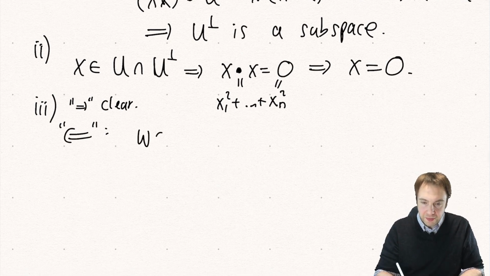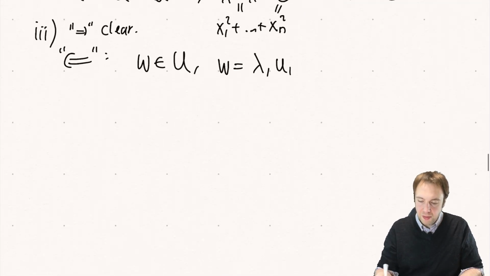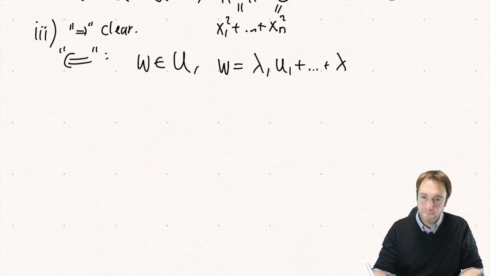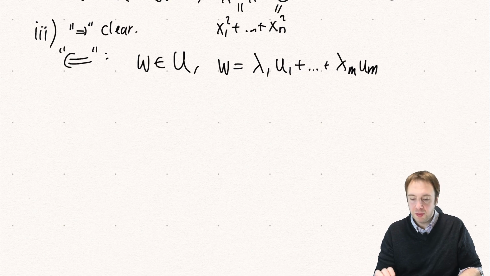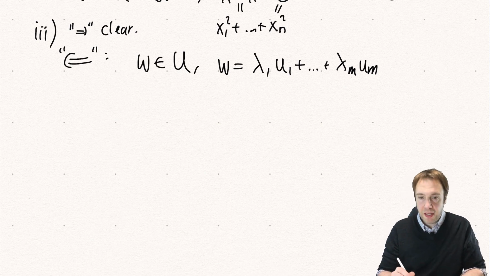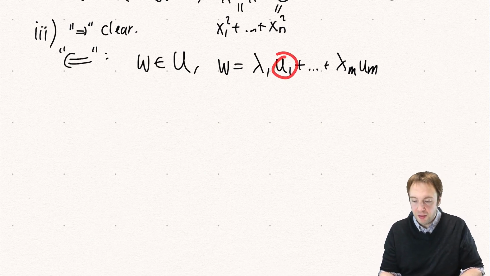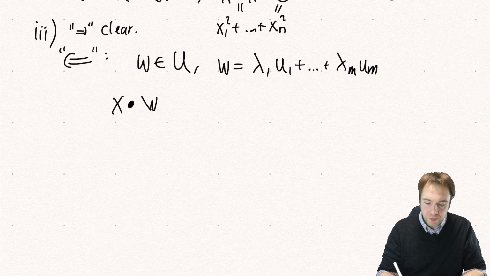So if I have an element in U, then I can write this element as a linear combination of these basis vectors, which are now called U. And we want to show that if an element X is orthogonal to these, then it's already orthogonal to this arbitrary element in U. So we need to consider what is the dot product of X with W?